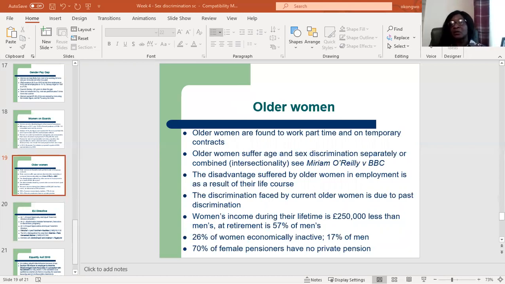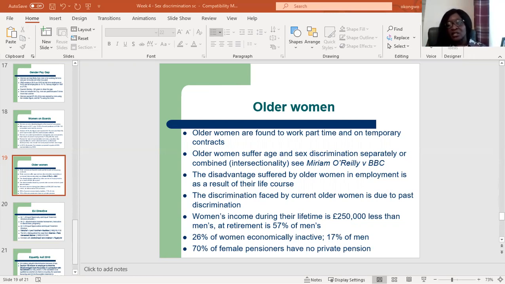Older women suffer age and sex discrimination, separately or combined. That's intersectionality, which I mentioned in one of the lectures. Have a look at the case of Miriam O'Reilly against the BBC, and see how intersectionality plays out.